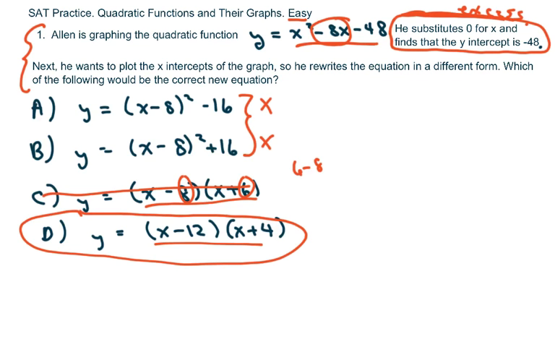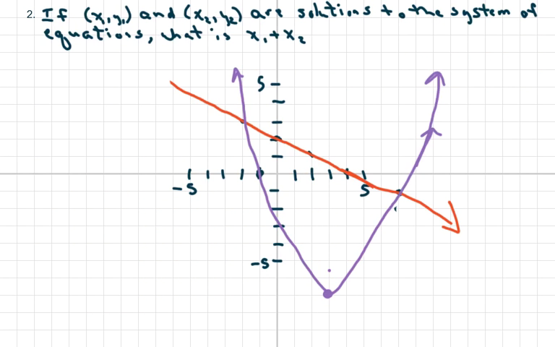That's just factoring. And the next one, sorry about the writing, but we have 2 points here. The first point is here, and the second point is here, and they want to know what the value of x1 plus x2 is.